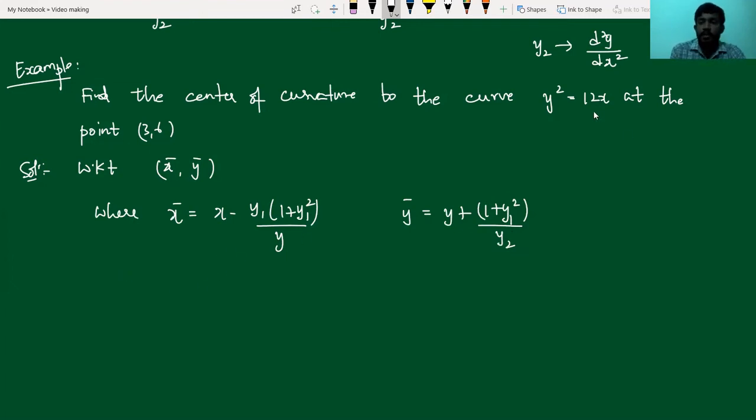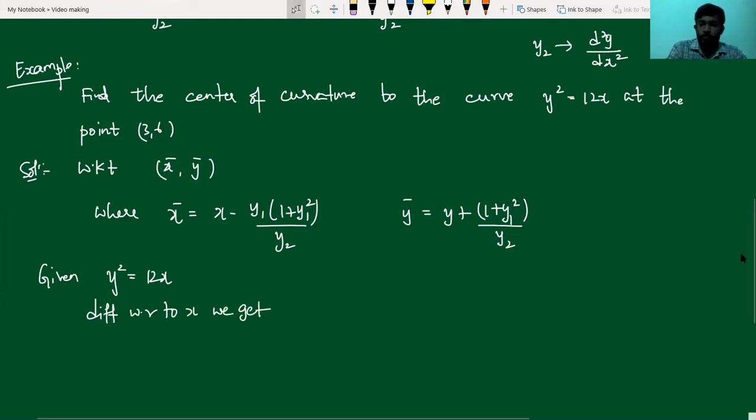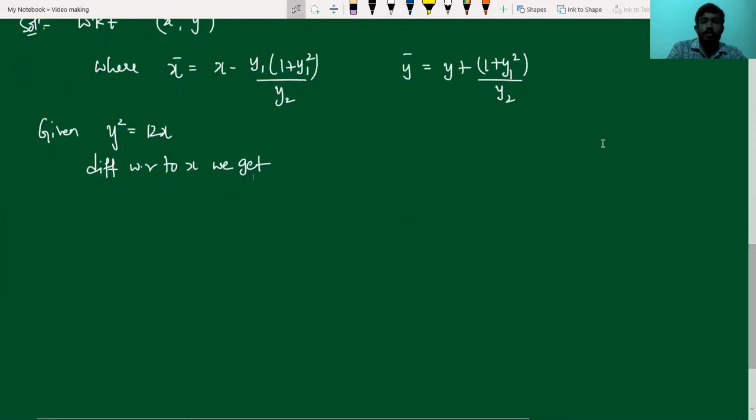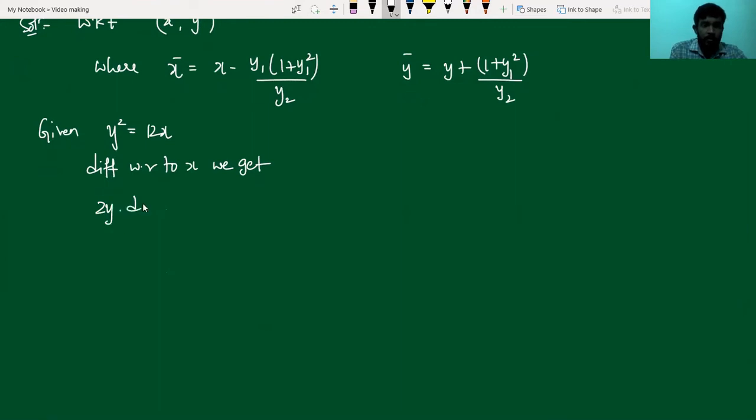Now first, using the equation, we find the first order derivative y1 and second derivative y2, and we substitute the point (3, 6). Given the equation y square is equal to 12 times x, differentiating with respect to x, we get 2 times y into dy by dx is equal to 12.